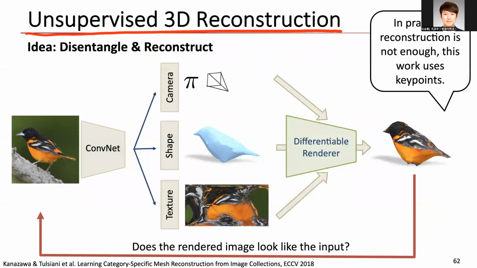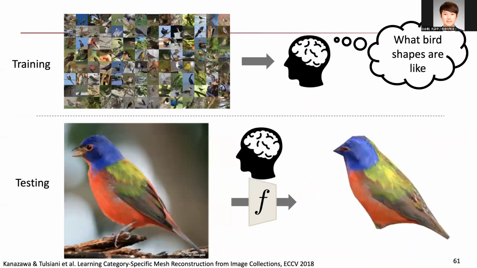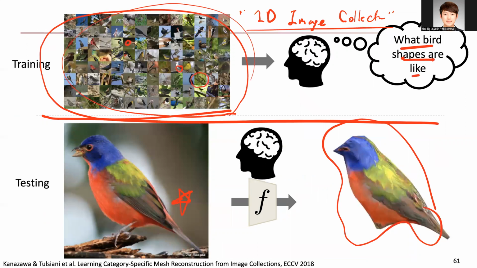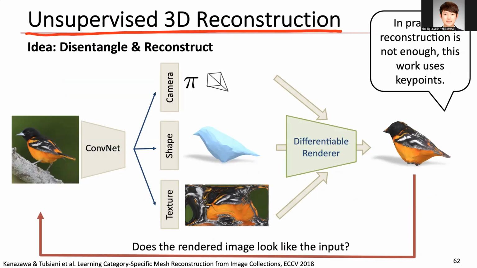Maybe there are so many kinds of possible solutions to extract the cues from the 2D images, but in this paper, they want to use the auto-encoding concept. What does it mean? Disentangling and reconstruction.